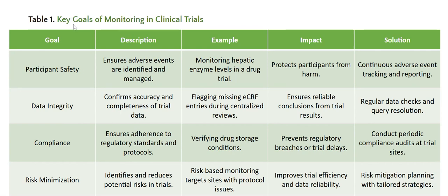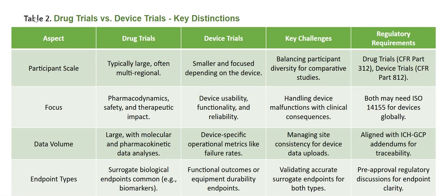Upcoming are tables to summarize what we have covered in this lecture. Table 1 is about the key goals of monitoring clinical trials: the goal, description, example, impact, solution. As goals here: participant safety, data integrity, compliance, risk minimization, resource optimization.